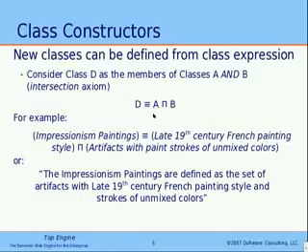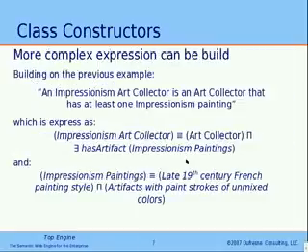So for example, the class Impressionist painting can be defined as the intersection between the French painting style of late 19th century and the artifacts that have a paint stroke of unmixed color. So more complex expressions can be built.